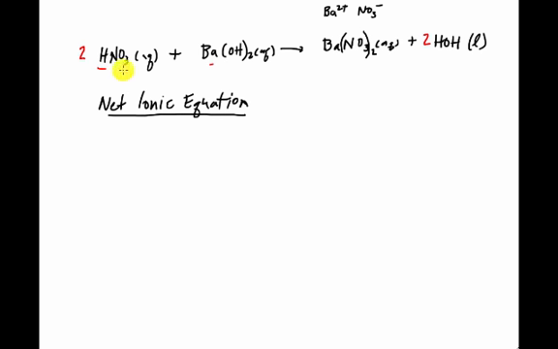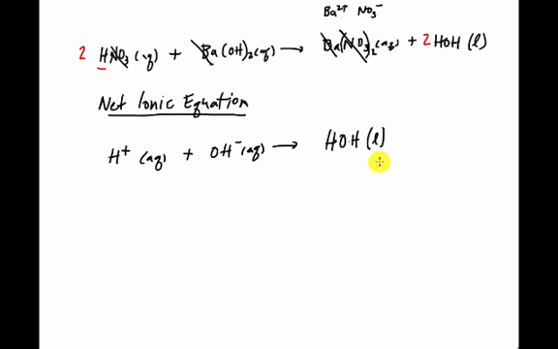What I'm going to do is my spectator ions are the nitrate and the barium. So what I have left over is the hydrogen ion, which is aqueous, and that reacts with a hydroxide ion, which is also aqueous, and I end up with HOH, or if you'd prefer, you could write water as H2O.